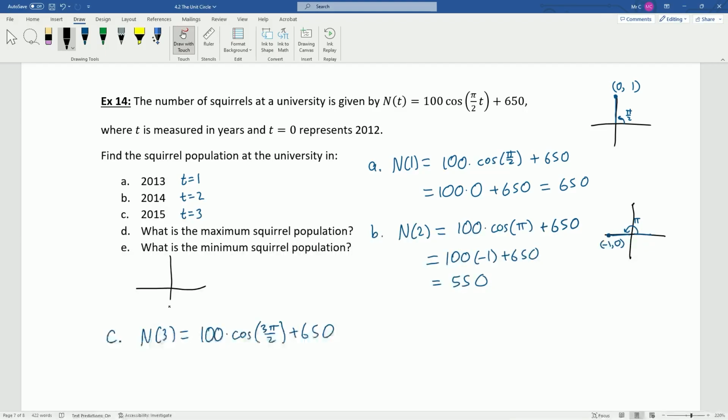I'm just going to draw my angle, 3 pi over 2. 3 pi over 2 puts me at pi plus half of pi. That puts me down here. And so this point is x is 0, y is -1. But we're asking for the cosine value, so that's 0. So this is 100 times 0 plus 650. So we're back up to 650.